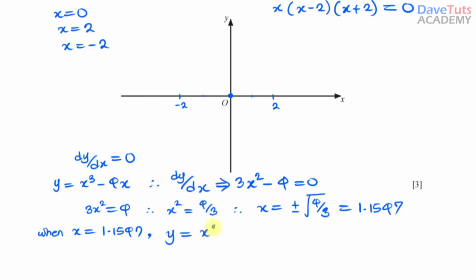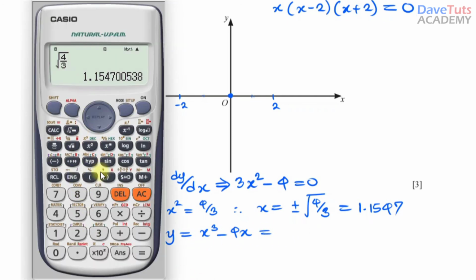Y is x raised to power 3 minus 4x. So using the value of x, I will just compute this on the calculator, x raised to power 3 minus 4x, for x equal to 1.1547.